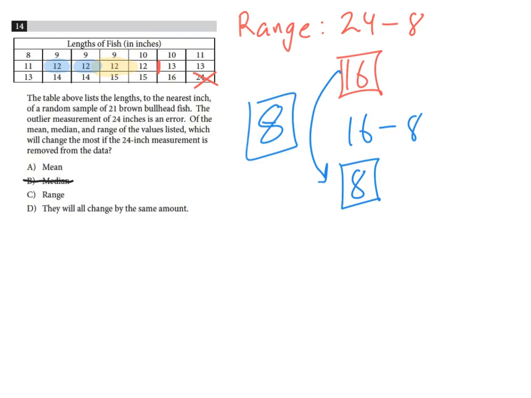Therefore, the mean couldn't change by more than approximately 4, I would say, just an estimate. So I think the mean couldn't possibly be correct. All right, well, we already know that the range is changing by 8. So I'm going to say that 8 is the largest change.